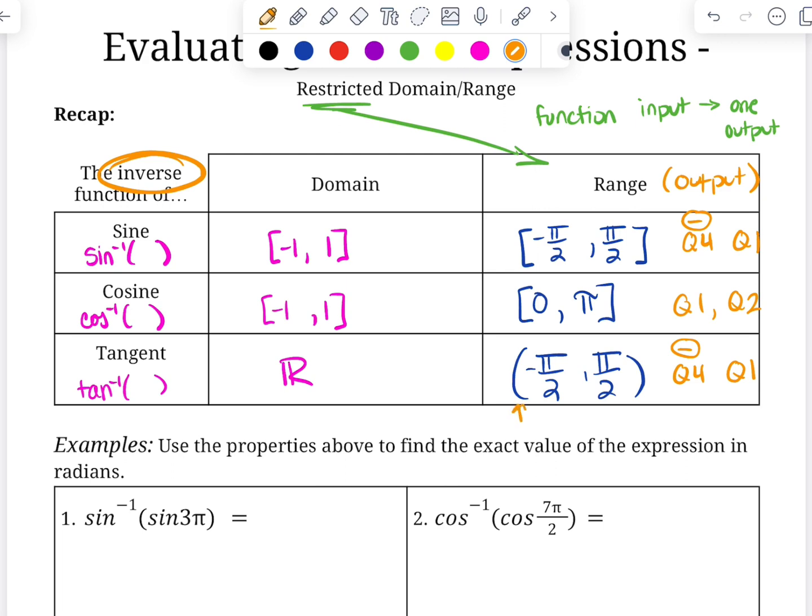Now, why aren't these brackets? Well, the tangent of negative pi over 2 is undefined. So we can't include an undefined value.